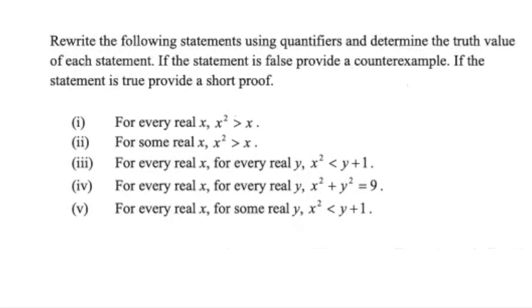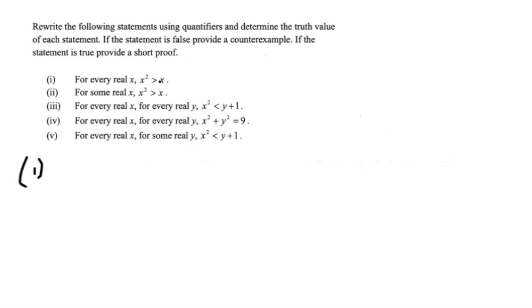So the first one we have is: for every real x, x squared is greater than x. We need to first write the statement using quantifiers. Because it says for every real, it means for all x, x is an element of the real numbers.